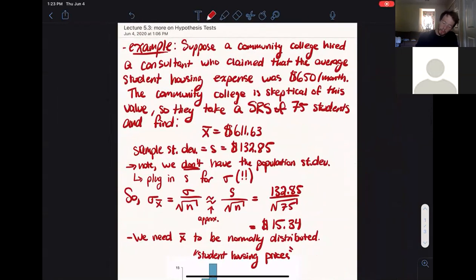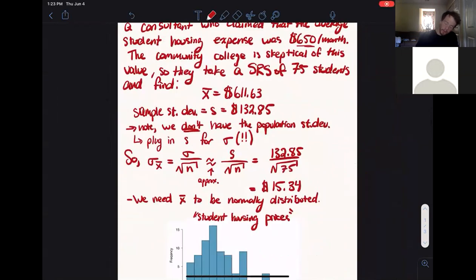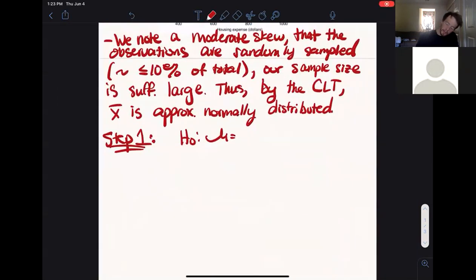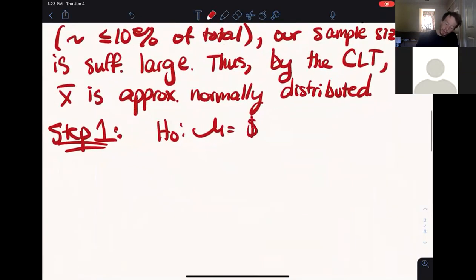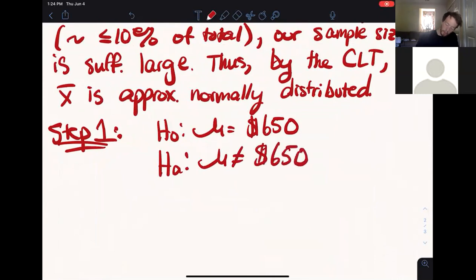So the consultant claimed it was $650. So our null hypothesis is that the true population average is $650 against the alternative that it isn't. Okay. Step 2, we took a sample.